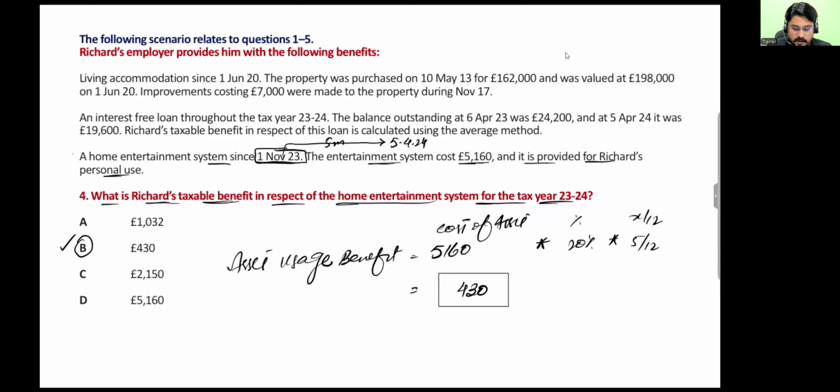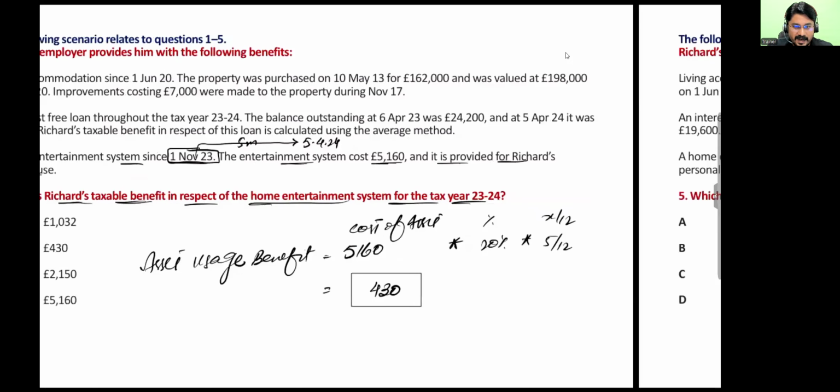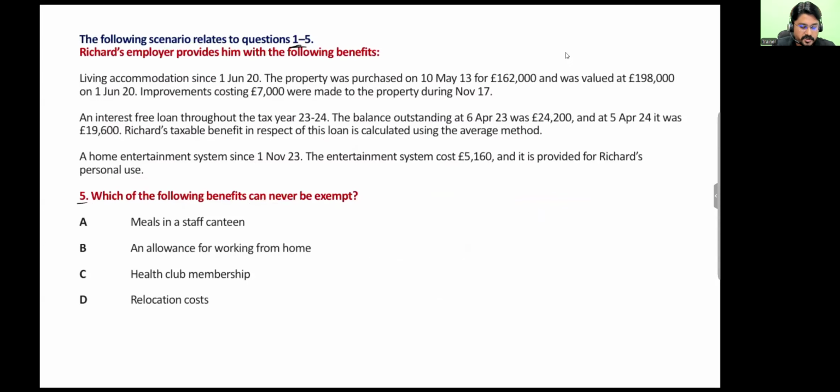Okay, perfect. Moving forward towards the last question of this scenario, here we have question 5. It doesn't have any link with any part of the question. It's a general question. Which of the following benefits can never be exempt?